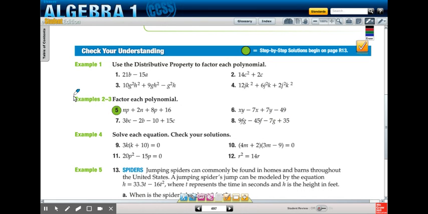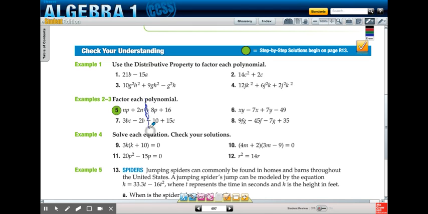Now, on the next part, they talk about factoring each polynomial. And whenever there are 4 parts, you should look and see, are there 2 parts that have something in common?